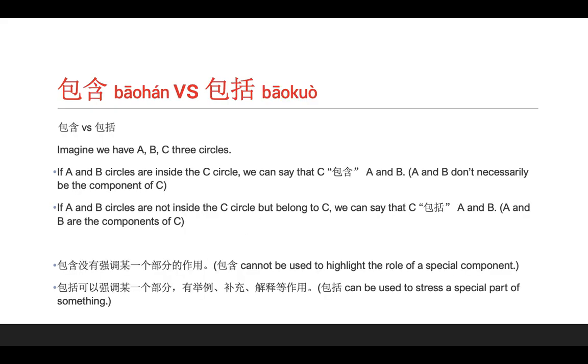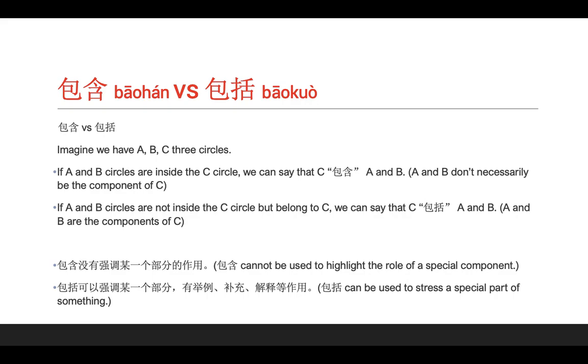And maybe some of you already have doubts about what the differences are between 包含 and 包括. To make it clear, we can imagine we have A, B, C, three circles.